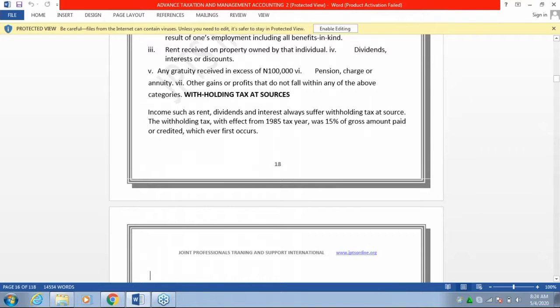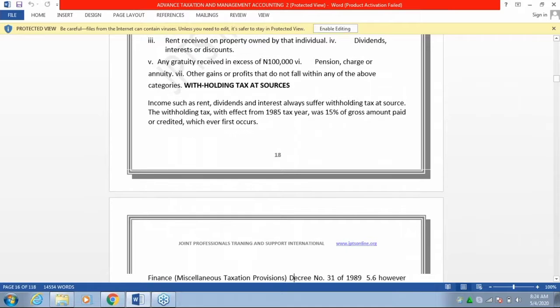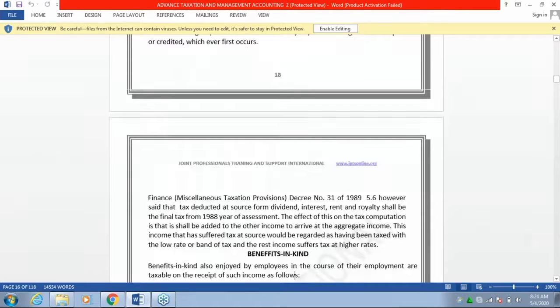And this withholding tax, with effect from 1985 tax year, was 15% of the gross amount paid or credited, whichever occurs first. So the Miscellaneous Taxation Provisions Decree number 31 of 1989, subsections 5 and 6, however, said that tax deducted at the source from the dividends, interest, rent, and royalty shall be the final tax from 1988 year of assessment. Are we getting it now?